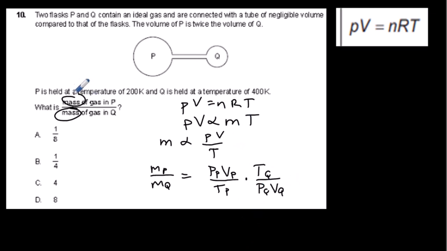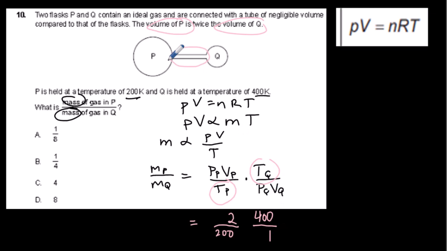And then let's see what ratios we know. P is held at a temperature of 200 and Q is at 400. So we can write here that TQ over TP will be 400 over 200, or just 2. We also know that the volume of P is twice the volume of Q. So VP all over VQ would be 2 to 1.